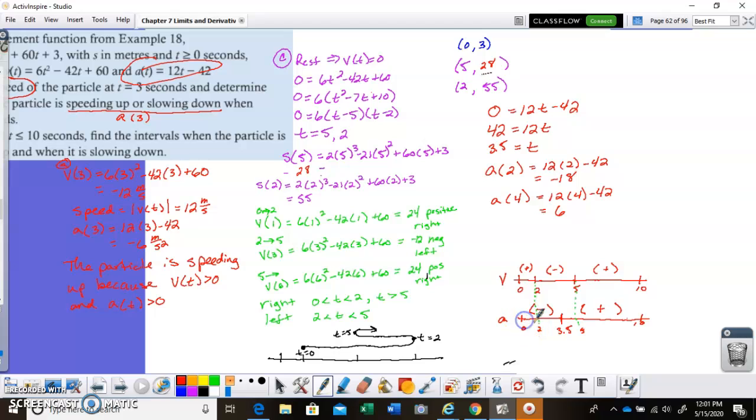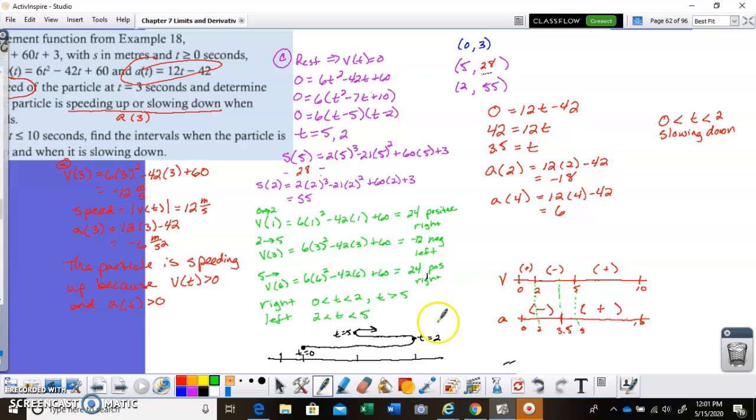So between 0 and 2, this is negative, and that is positive. So between 0 and 2 seconds, we have signs that don't match. That tells us that it's slowing down. Now, between 2 and 3.5, we want another little dotted line to take the 3.5 up to the velocity line so we can see where that's hitting.